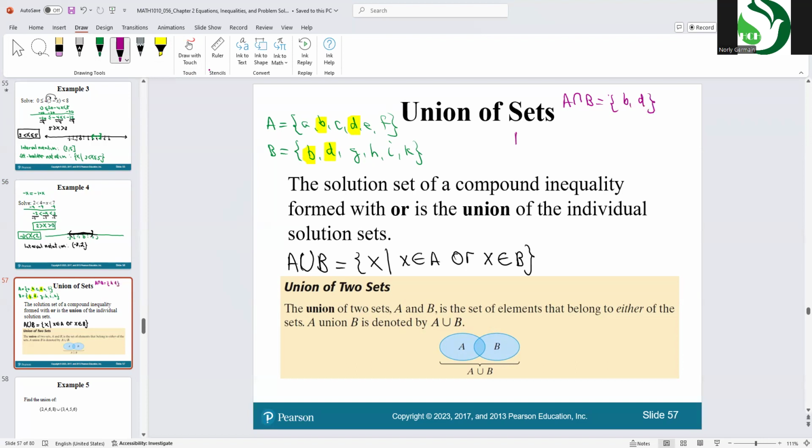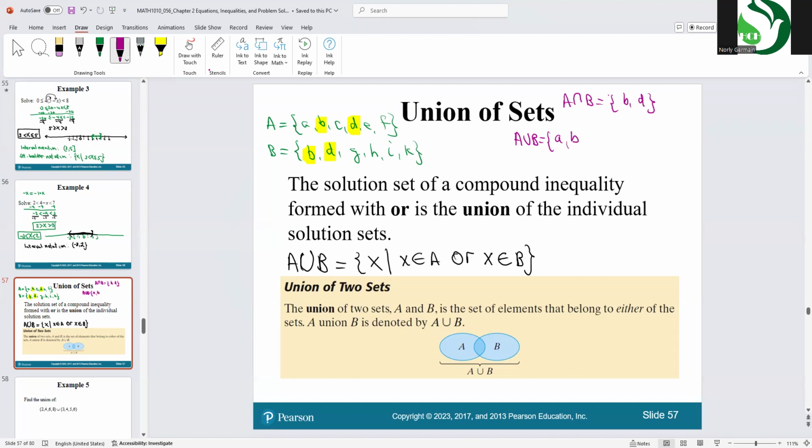Now, union, A union B, okay? A union B is all elements in A or all elements in B, except we don't repeat them. So like I say A, B, even though I see B in A and B, I'm not going to take B twice.